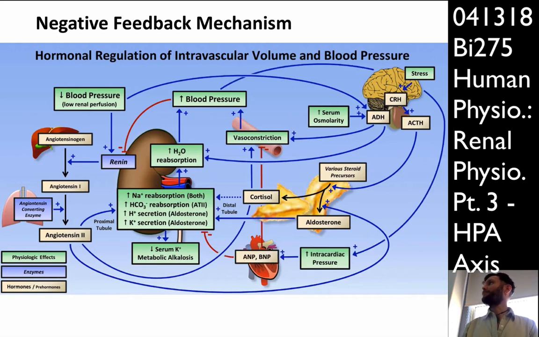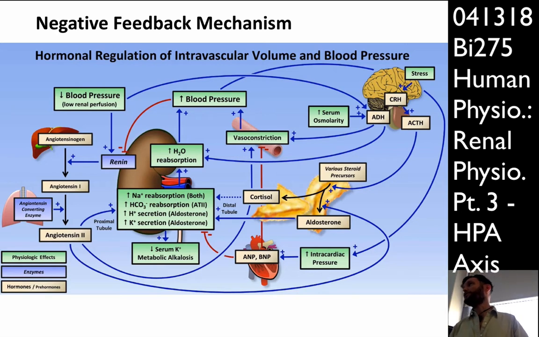Next step. And let's add the last little bit that I talked about with ANP and also BNP. So ANP is going to, well, let's bring it from the blood pressure. Increased blood pressure is registered by the atrium, this intracardiac pressure that I talked about with the stretch receptors in the atrium.